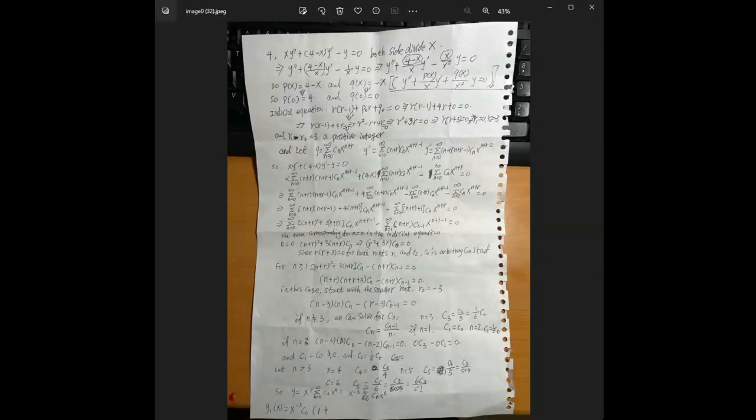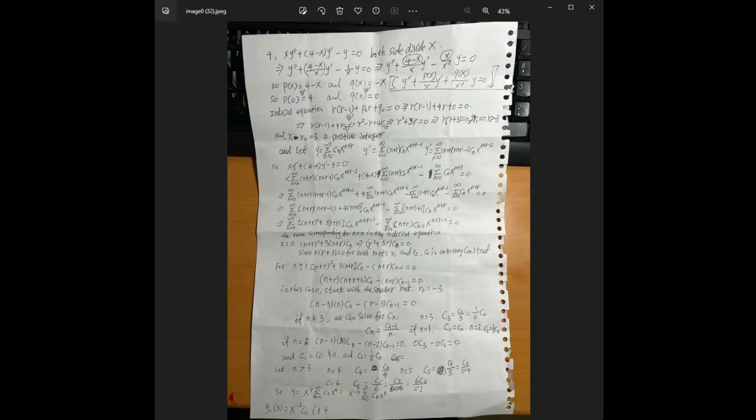Now I plug into the indicial equation: r times (r minus 1) plus p naught times r plus q naught equals 0.